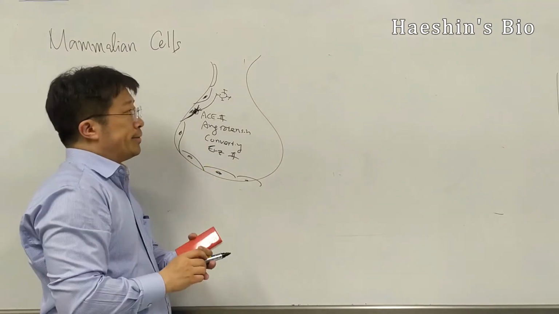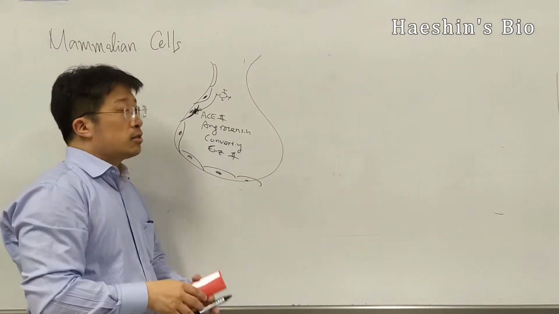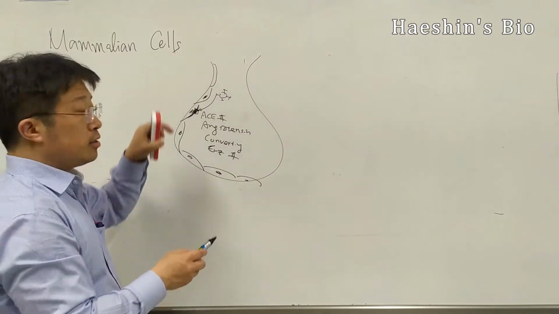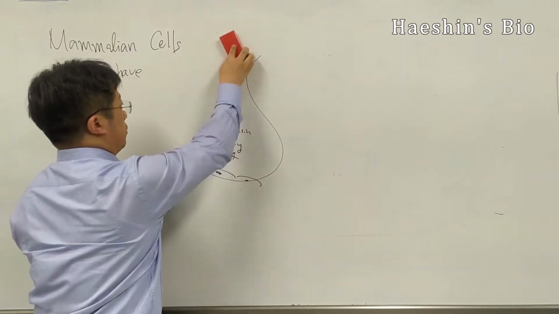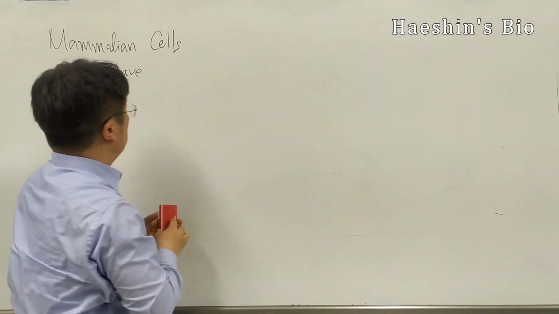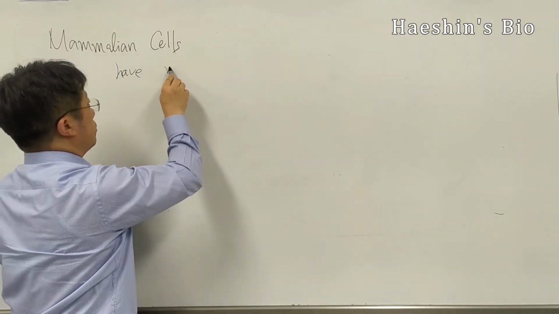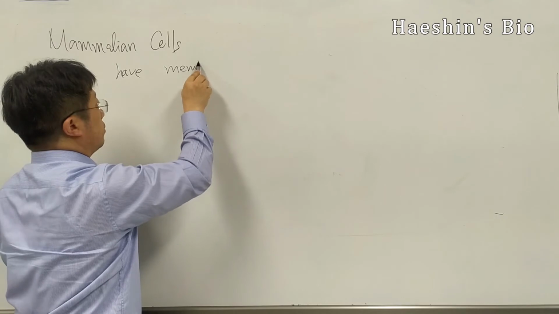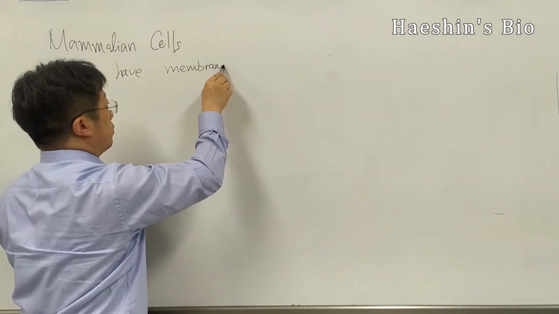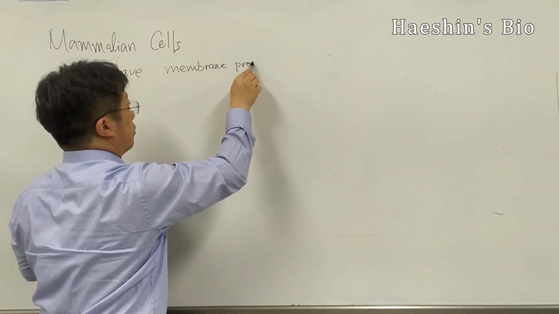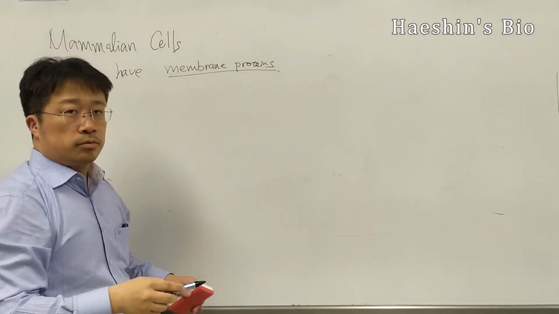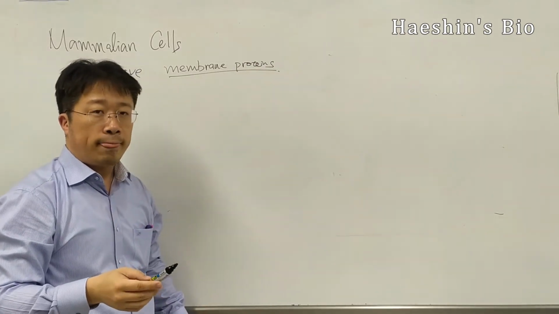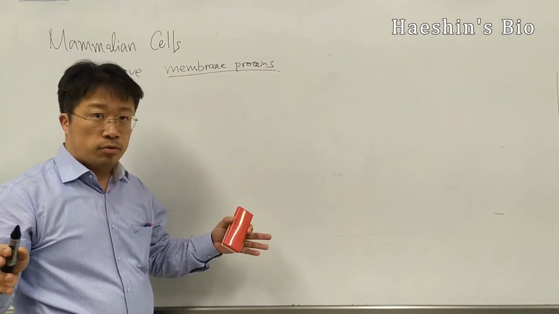So in other words, the mammalian cell always has membrane proteins, a lot of different membrane proteins.